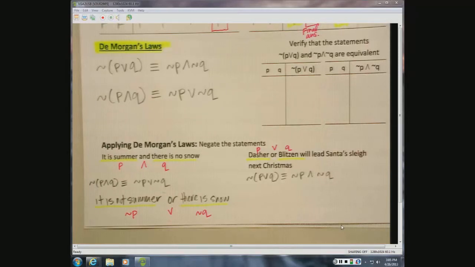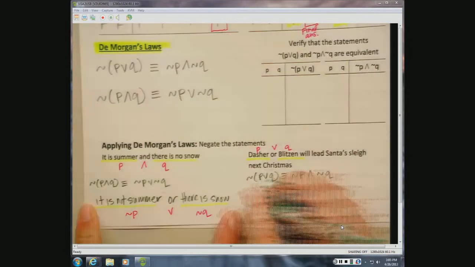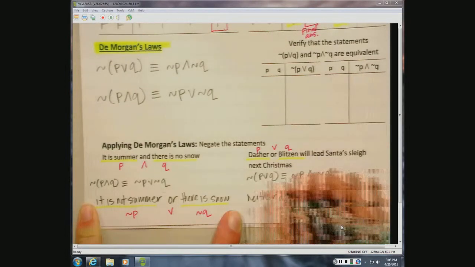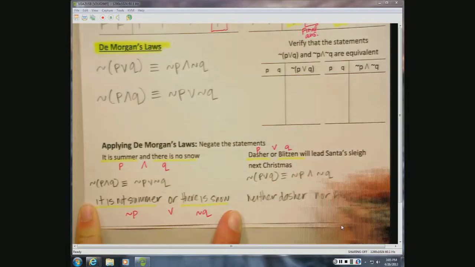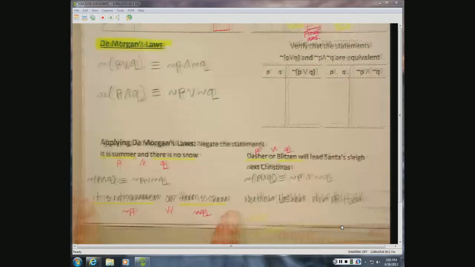That would be neither of these guys, right? So we're going to say to negate this, neither Dasher nor Blitzen will lead Santa's sleigh. The neither Dasher nor Blitzen gives me the not P and not Q.